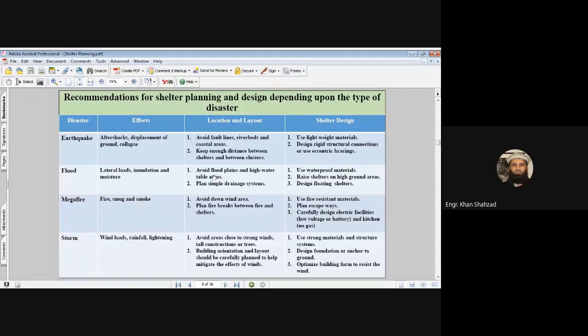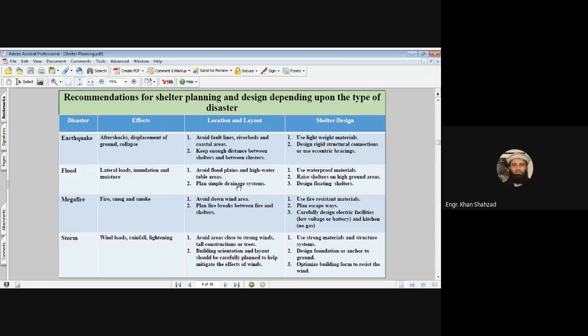You are not supposed to make your shelters in such areas where they have a high water table, or there are chances of flooding of that area. Plan simple drainage systems. You have to plan a simple drainage system for this area.